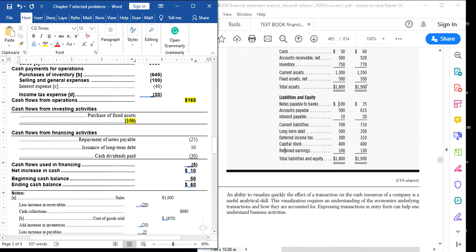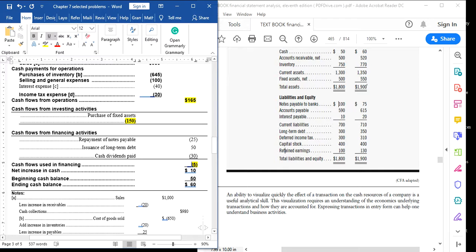And now cash flows used in financing is minus $5. We sum up all these and we obtain minus $5. Net increase in cash is $10.